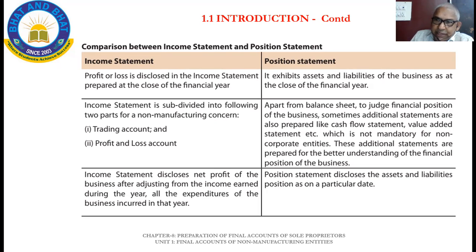Hence it is a liability for the firm, for the enterprise. Hence it will be added in the profit and loss account for the salaries, and as it is outstanding, still not paid, it is a liability as I told you, it will be shown on the liability side of the balance sheet. While solving the sums, you will get more clear picture how it is done. Already you have done. Those who are in second PUC and all, they will know it. Only first PUC students who have not done the final accounts will not know that.